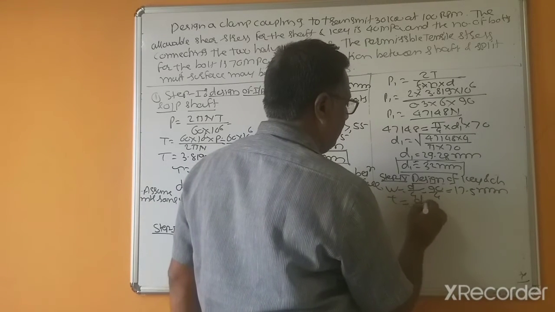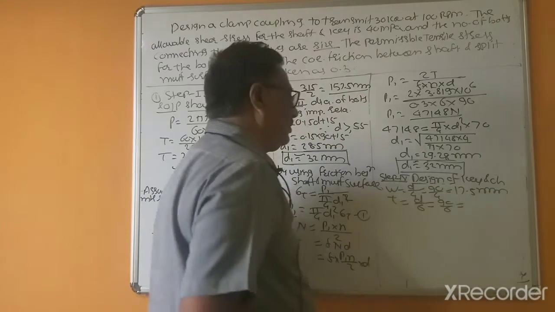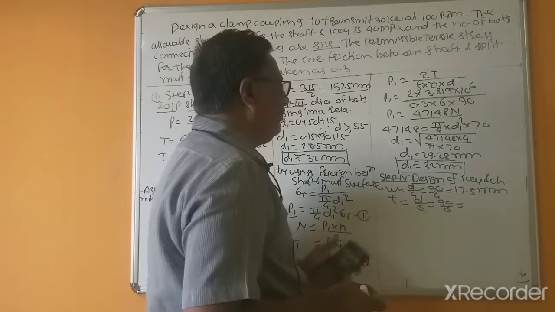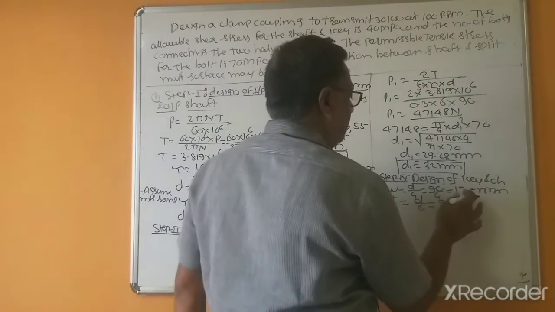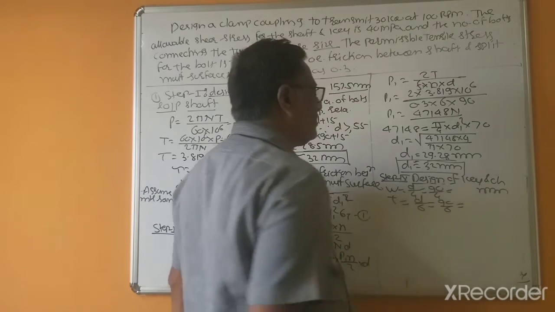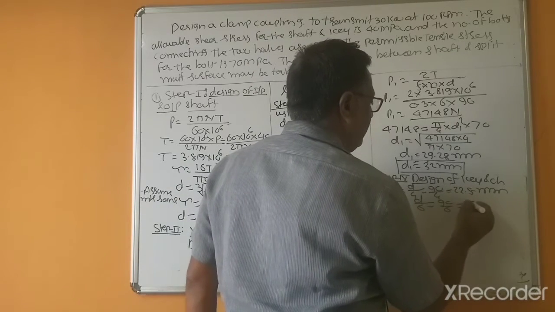Thickness equal to d by 6, 90 divided by 6, this is 15 mm. The earlier 17.5 was wrong; 90 divided by 4 means 22.5, and thickness is 15 mm.